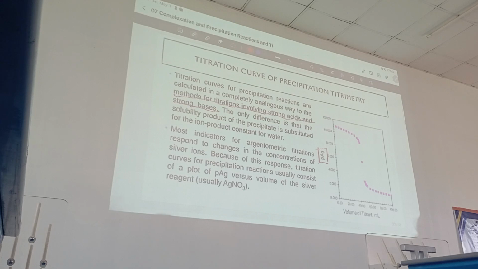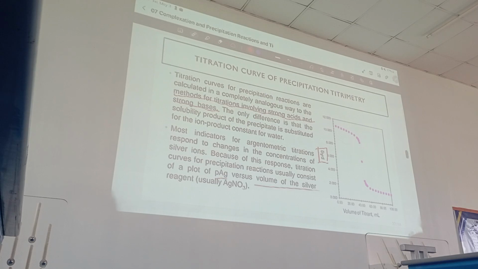Most indicators for argentometric titrations respond to changes in the concentration of silver ions. Because of this response, titration curves for precipitation reactions usually consist of a plot of pAg versus the volume of silver reagent.